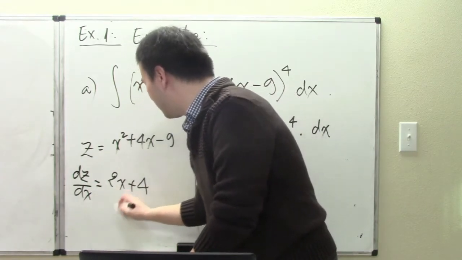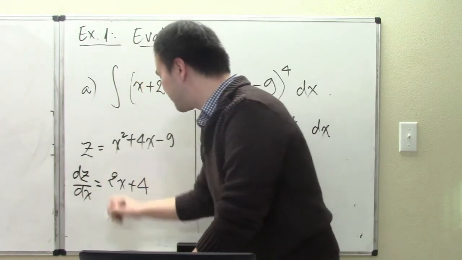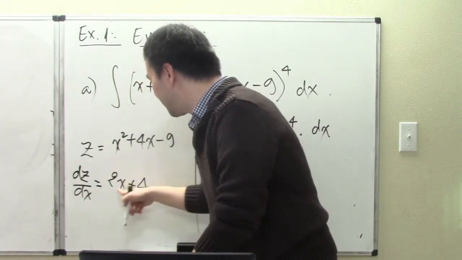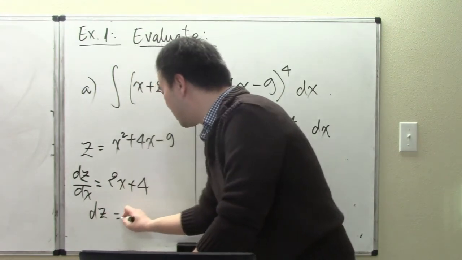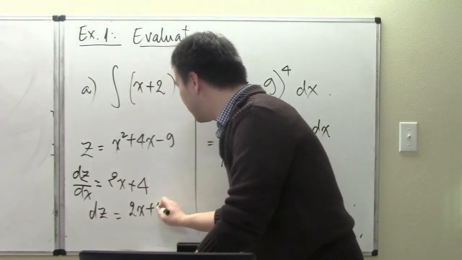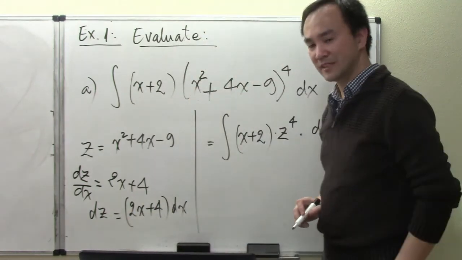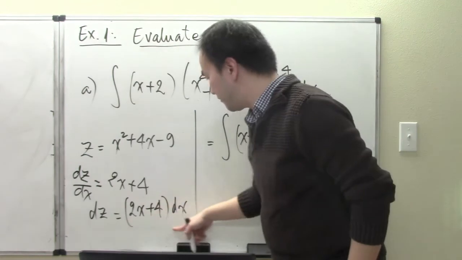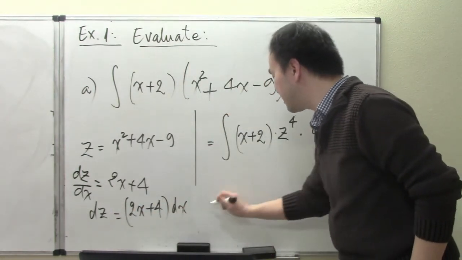I'm a little short of space here, so I'm going to multiply dx to both sides. Maybe I shouldn't rush like that. So dz equals 2x plus 4 times dx on the other side. In that way I'm going to divide both sides by, so I'm going to open a little more space here.